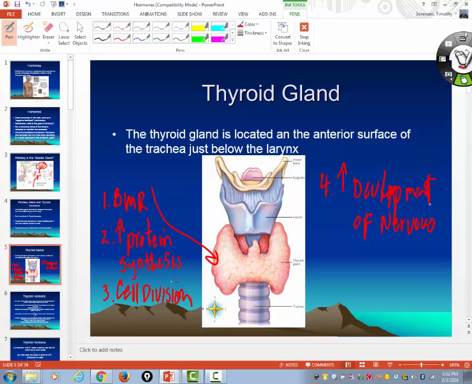So if a fetus is developing and they lack thyroid hormone, they develop a condition called cretinism. They tend to be very short of stature, right? They're small. They have a small cranium, and they are usually profoundly intellectually disabled.